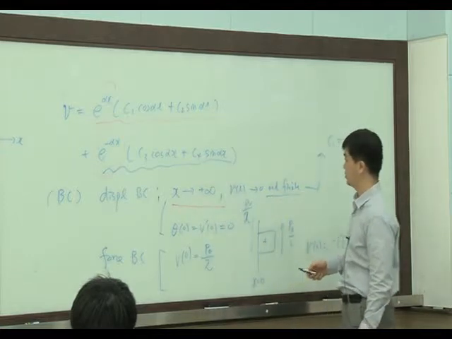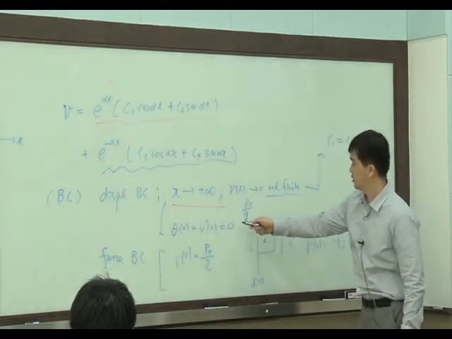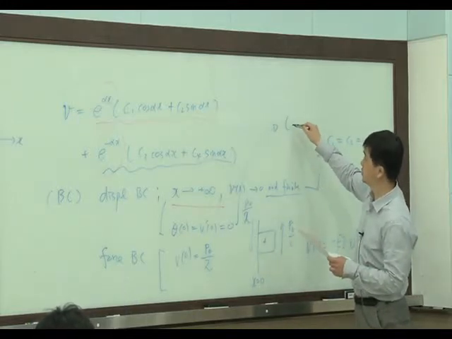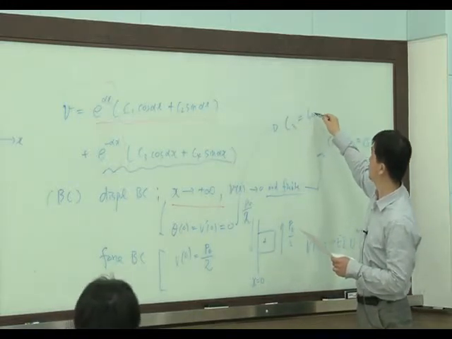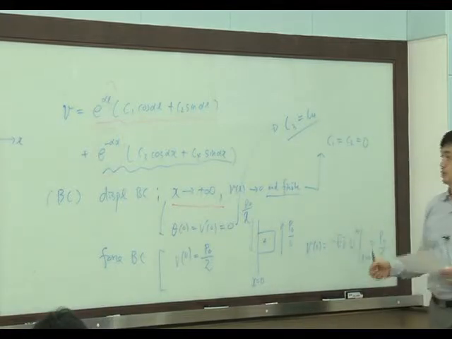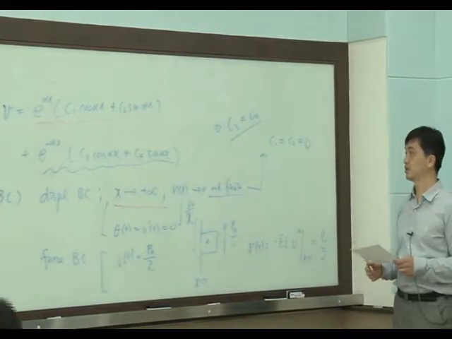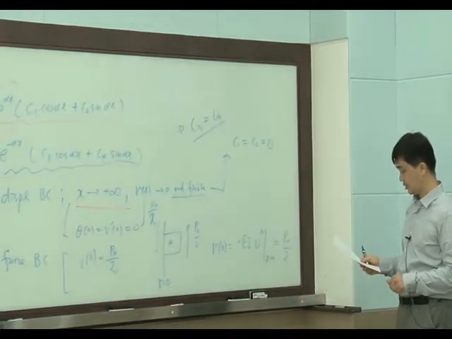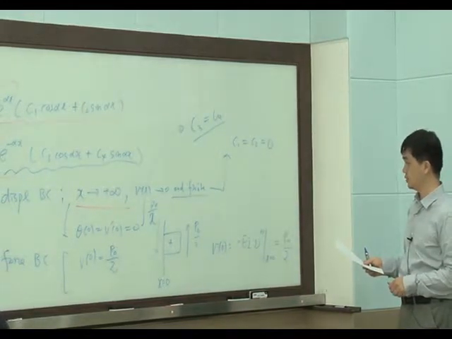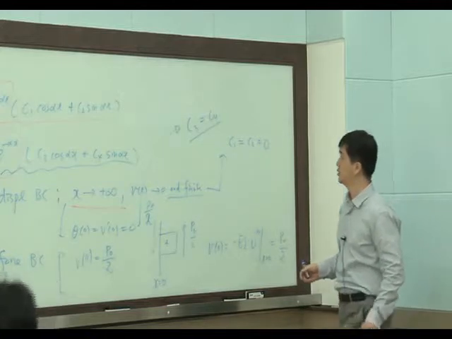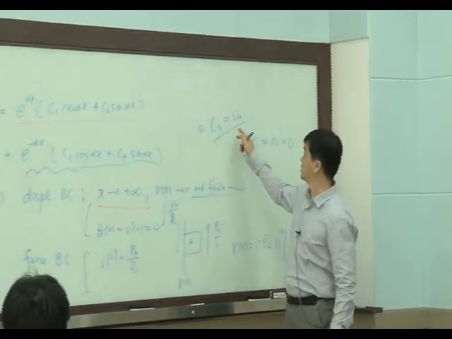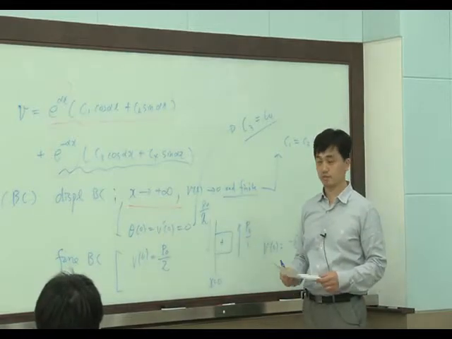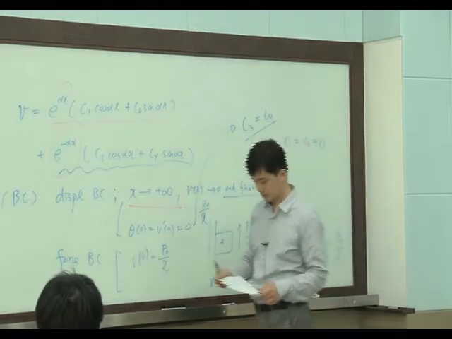Okay, then from the second boundary condition, we find C3 equals C4 to satisfy the condition here. Now we need to determine one of these, C3 or C4. Then we can use the fourth boundary condition.